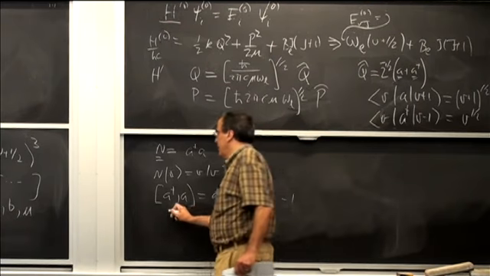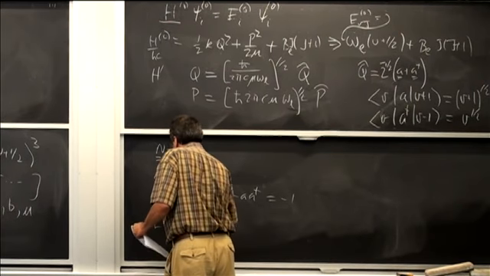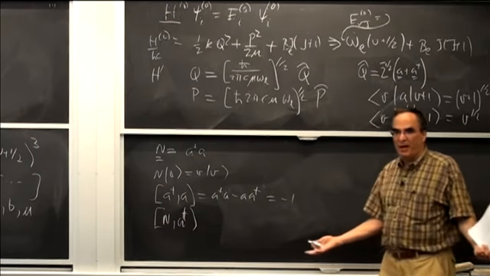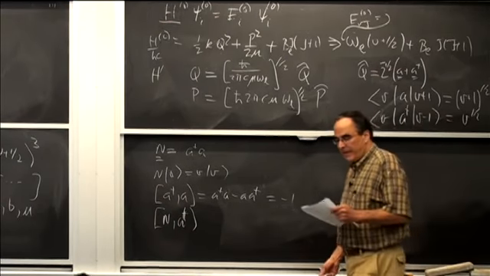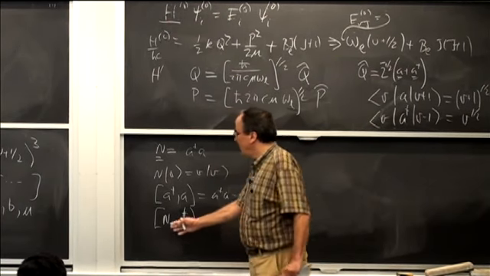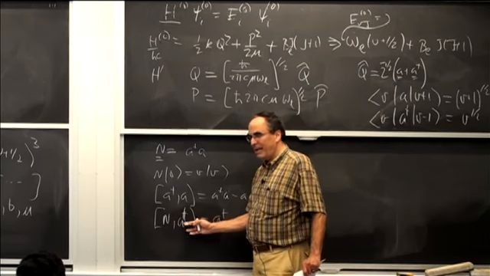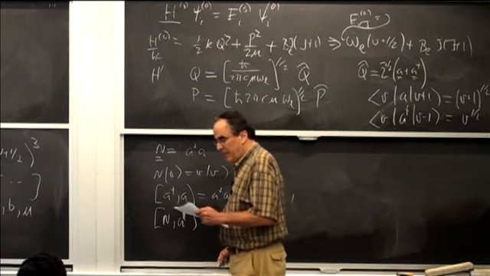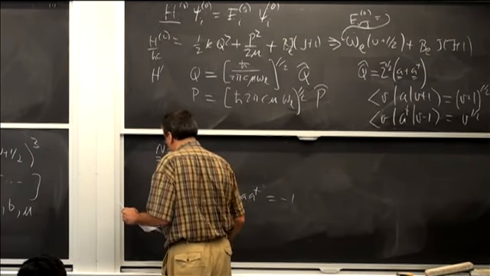And then there are commutation rules involving N and A dagger. This is quantum mechanics, so you have to watch out for the order in which things appear. And one of the beautiful things is when you have N with A dagger, you just get A dagger back. When you have N with A, you just get A back, but with a minus sign.